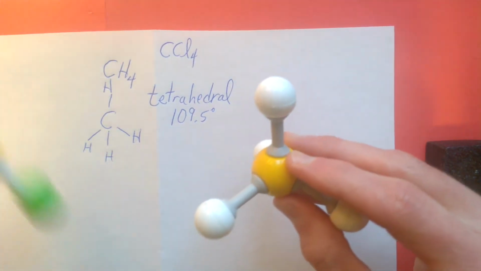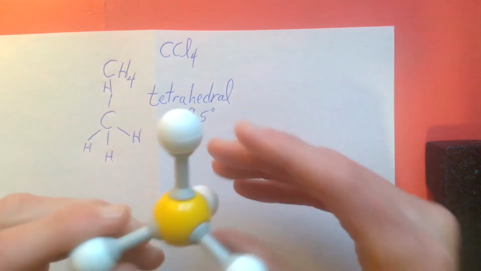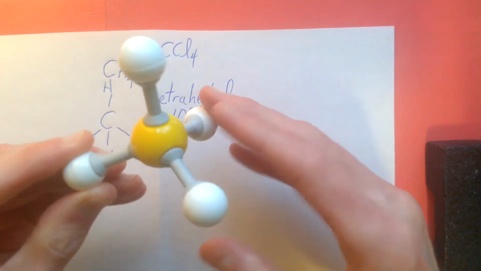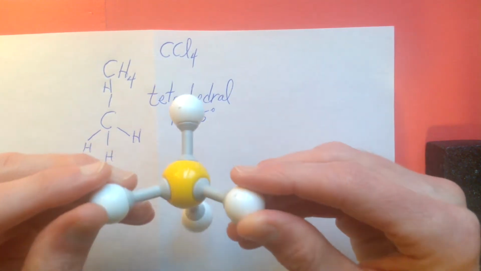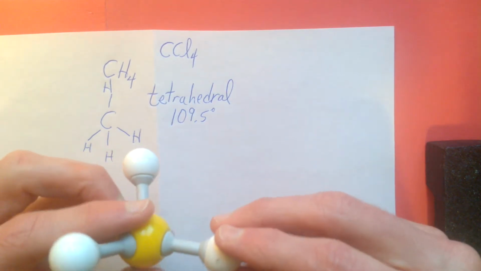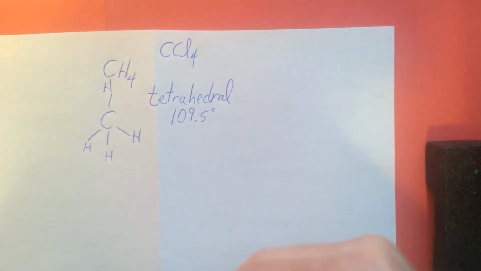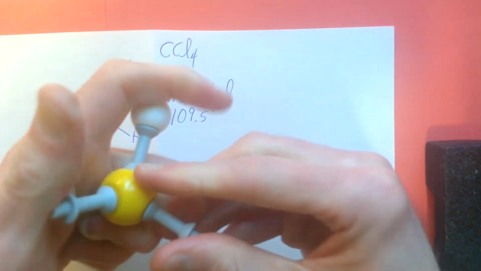Where the trigonal planars were 120, notice as we add another substituent bonded here to fulfill that octet rule, the angles are getting smaller. We're going down to 109.5 degrees. On a side note, a water molecule, H2O, has this arrangement.